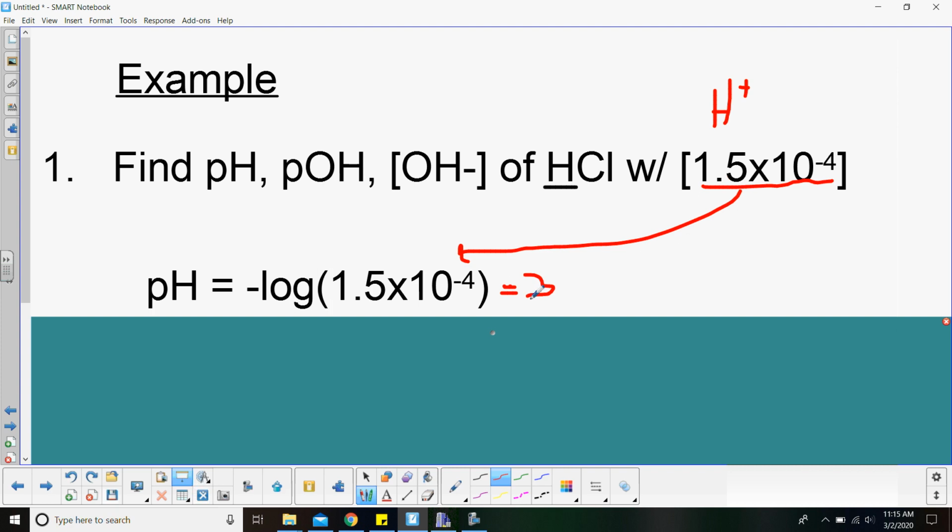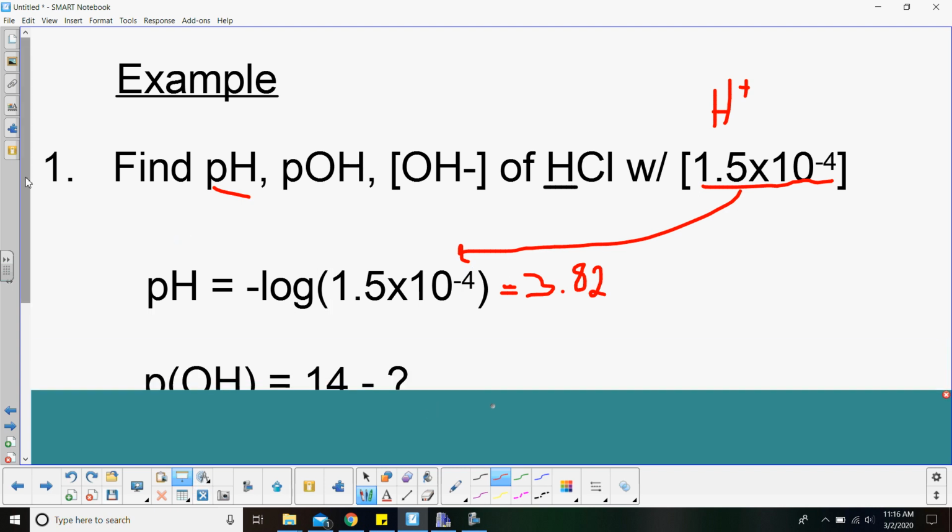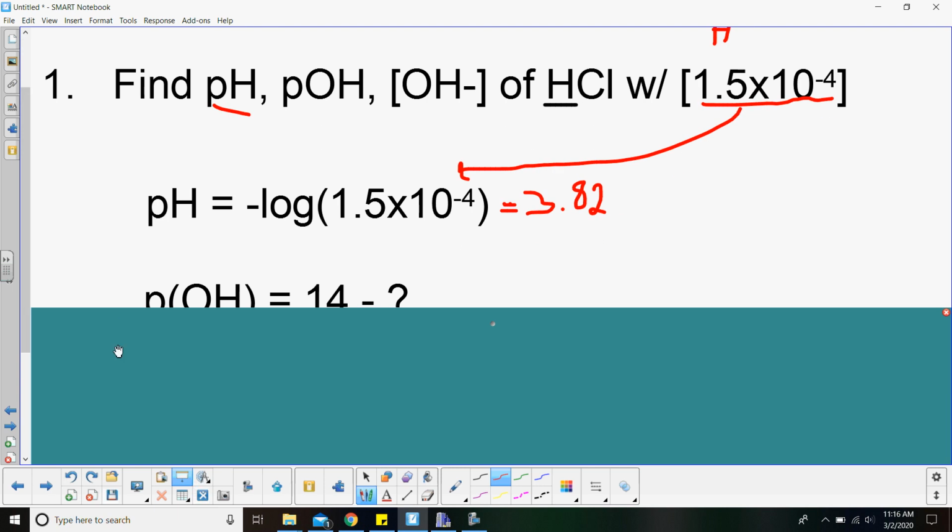And crazy enough, it does actually not have a label to it. So boom, we got pH. I literally plugged it into the calculator. Scrolling down, we got to find the pOH. This is super easy math.